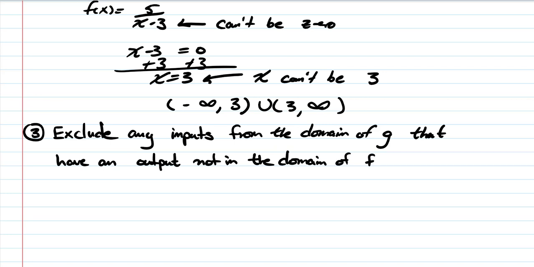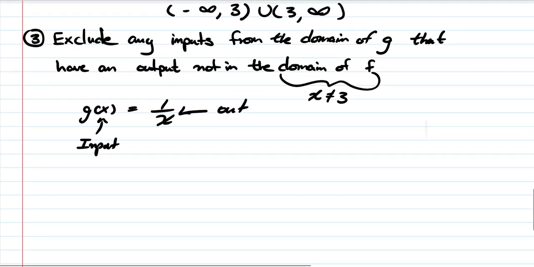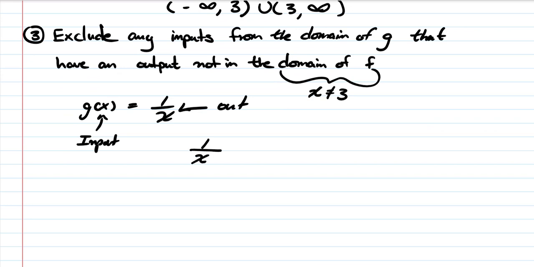So the only value that we know that's not in the domain of f is, we know that x can't be 3. So the output of g, so g of x was equal to 1 over x. This is our input, and 1 over x is our output. So we have to find any x values such that 1 over x can't be equal to, so our output can't be equal to 3. So we solve this equation by multiplying both sides by x. We get 1 equals 3x.